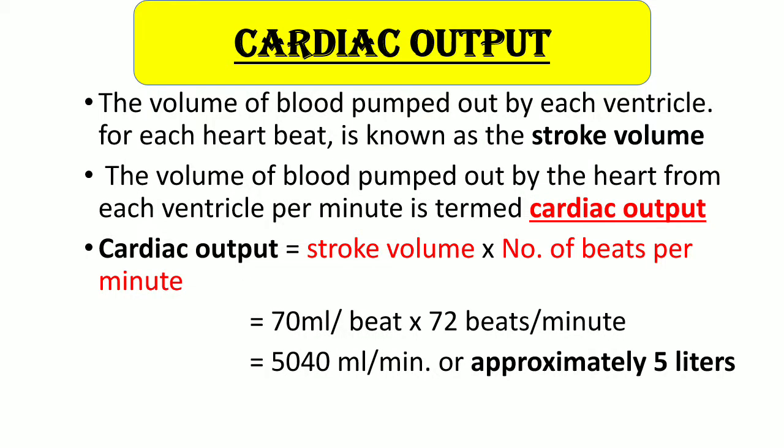Now coming to the cardiac output. The cardiac output is the stroke volume times the number of beats per minute. So what is the stroke volume? The volume of blood pumped out by each ventricle for each heartbeat is known as stroke volume.